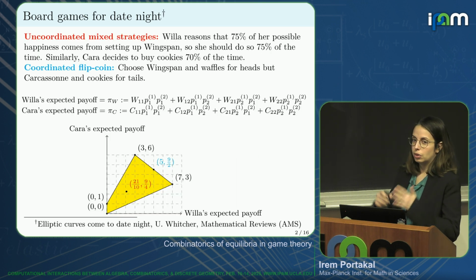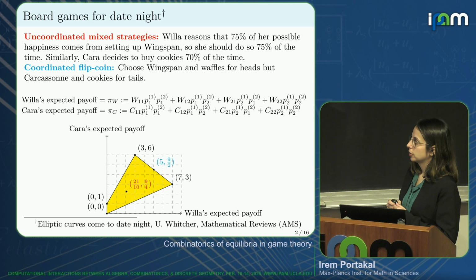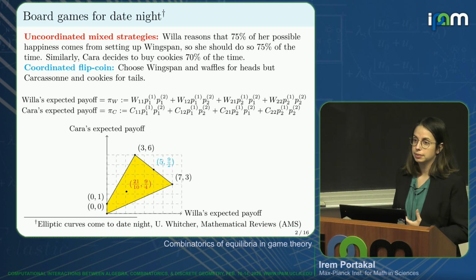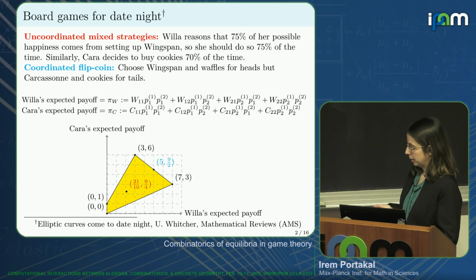Okay, so all of this intuitive idea could be understood algebraically. What we are doing is writing down a multilinear equation for each player, in terms of pi w and pi c. These were the variables coming from the probability simplices, and these are the entries of the payoff matrix that I gave in the beginning.